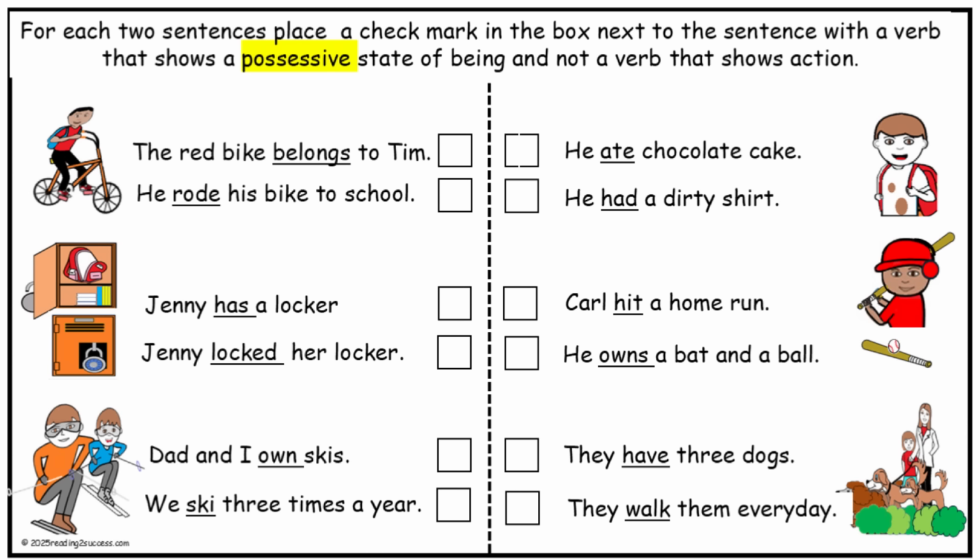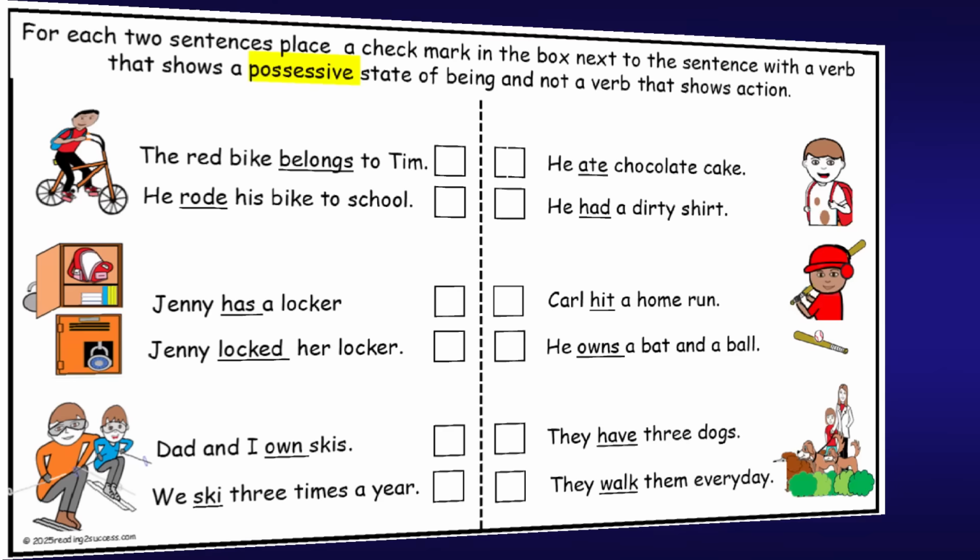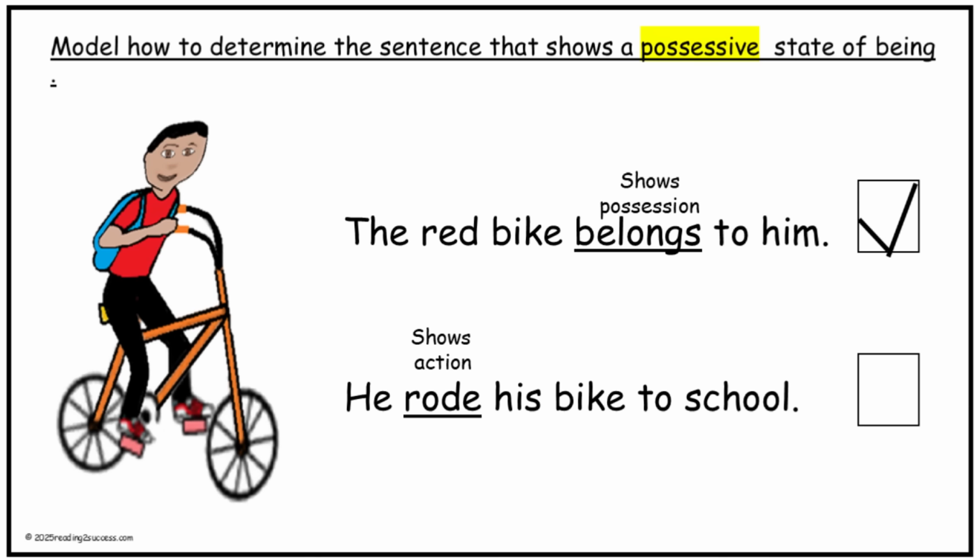Now have kids put a check in the box by each sentence that has a verb that shows a possessive state of being. Use this template with kids to model how to determine the sentence that shows a possessive state of being.